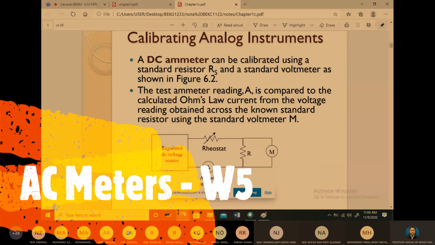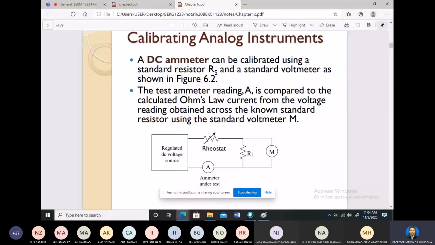Then we calibrate using the standard resistor RS here, and the standard voltmeter, as in figure 6.2. This is for calibrating the DC ammeter. So this is how to calibrate our DC voltmeter and DC ammeter.